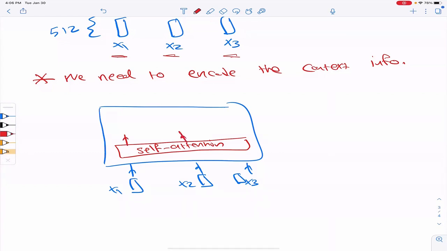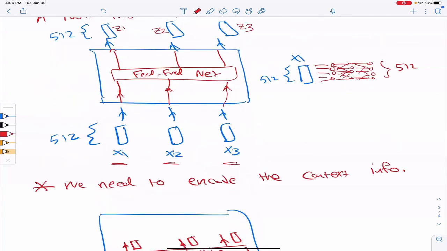But since I already talked about feed-forward network, and usually it won't hurt to add a little bit of complexity to our transformations, let's add a feed-forward network on top of it.